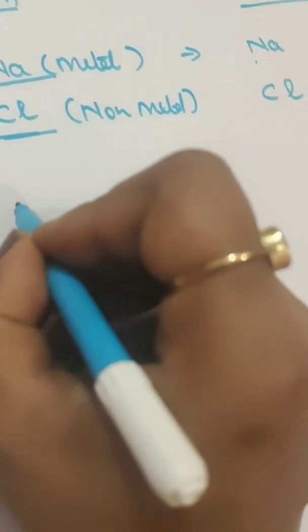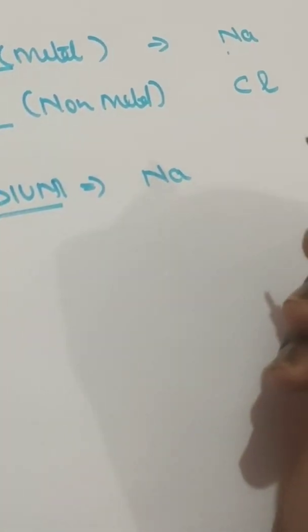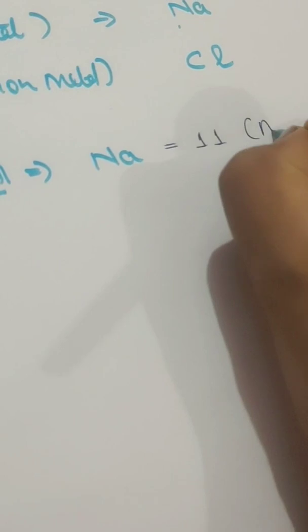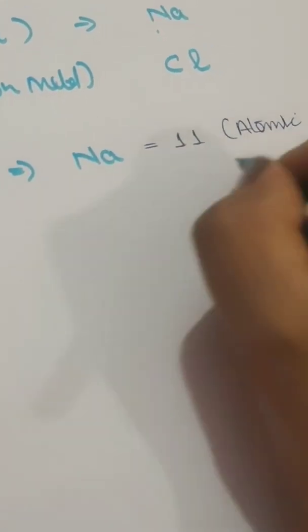Because sodium is an element and we are talking about the atom, the sodium atom has symbol Na and its atomic number is 11. Now don't confuse atomic number with atomic mass.